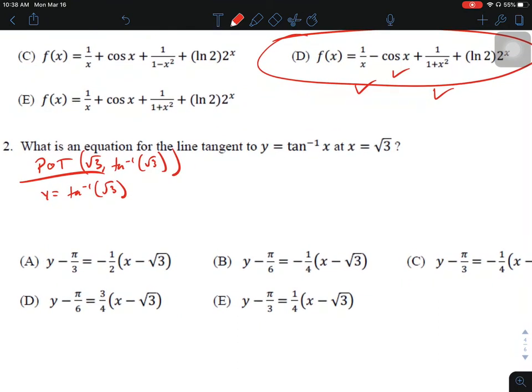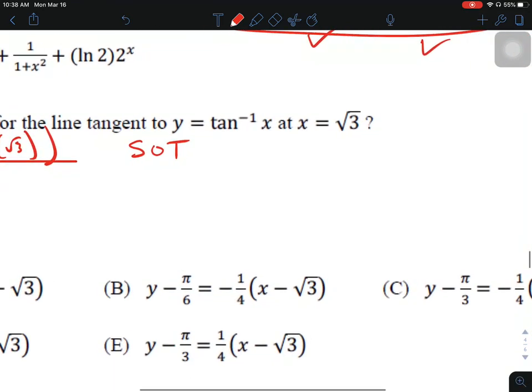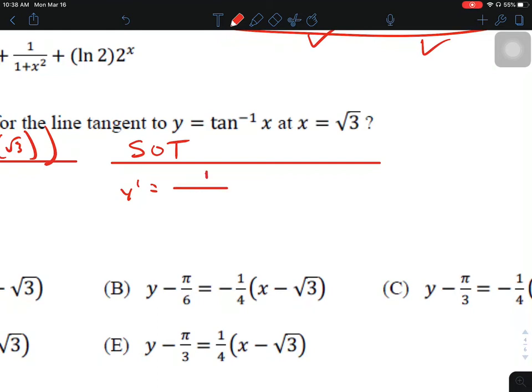To find the slope of tangency, we're going to take this derivative, y prime. Tangent inverse's derivative is u prime, so that'd be x prime, which is 1, over u squared, that's x squared, which is x squared plus 1.